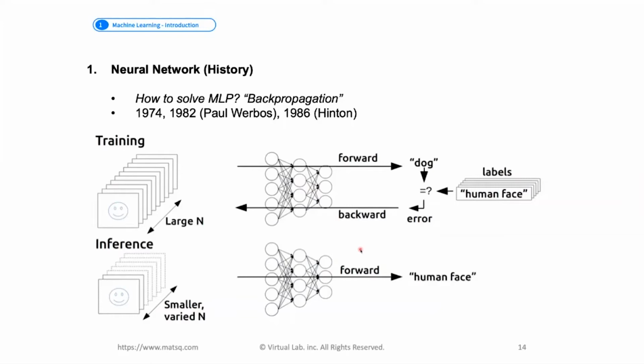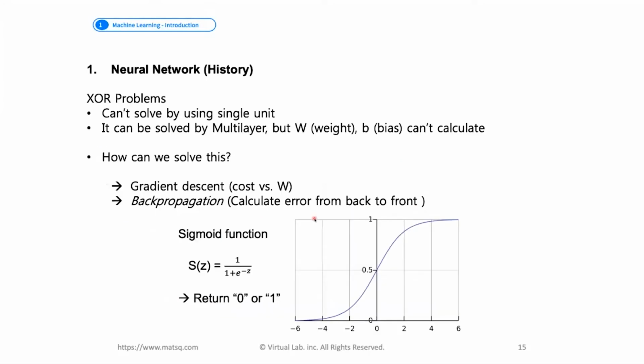Okay, this is the forward direction, and this is the backward direction. We calculate the values, weights, and biases, and then we estimate the backward direction by using the partial derivative. This is the main concept of backpropagation. So, returning to the XOR problem, now we can solve this problem by using backpropagation and the gradient descent algorithm.